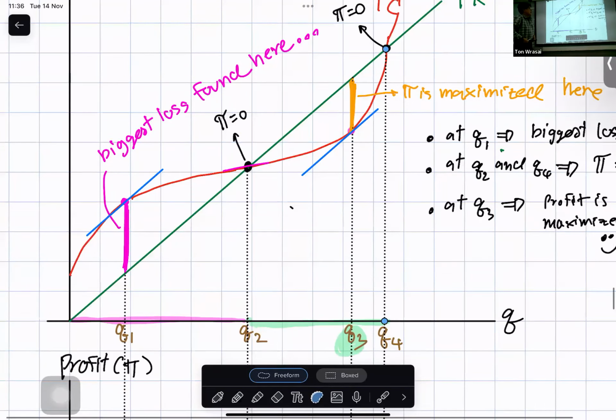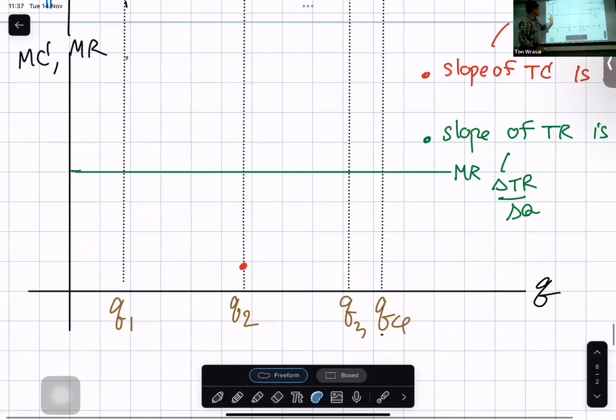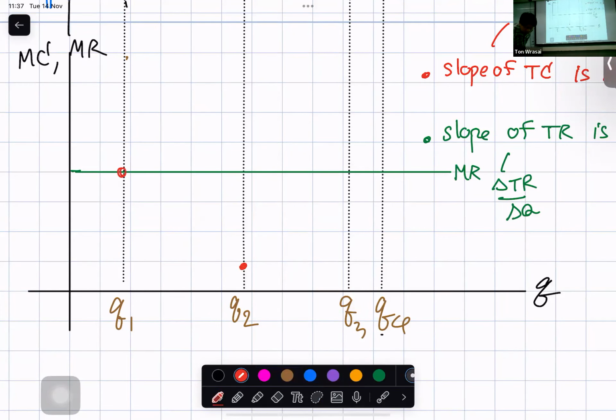Two places. With this argument, marginal revenue and marginal cost must be the same at two places, Q1 and Q3. By this proof, when we draw the MC curve, the crossing point must be one more time here and one more time here.